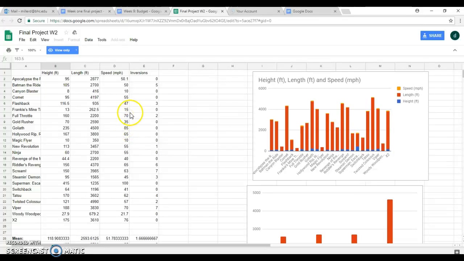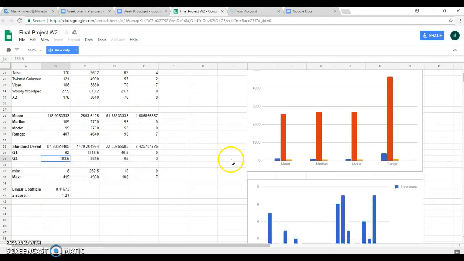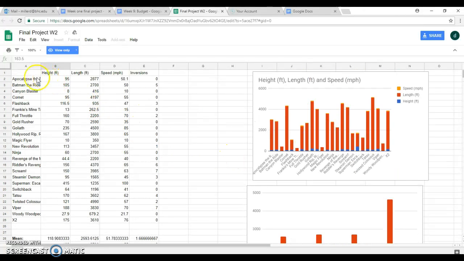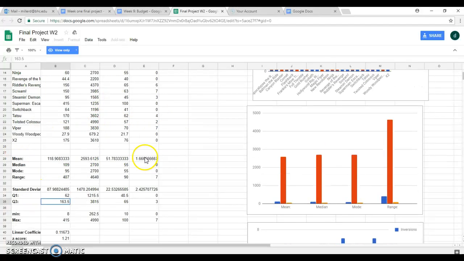So this is the all coaster data, and that's good. But we also need a just Magic Mountain, a just Great Escape, a just Universal. That's so we can compare between the different parks. And then just repeat this data.